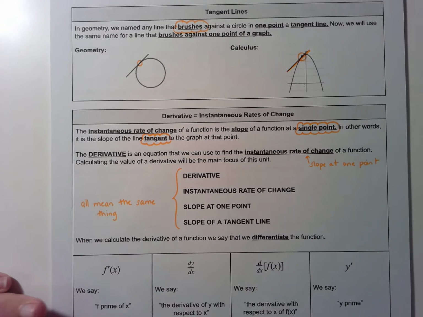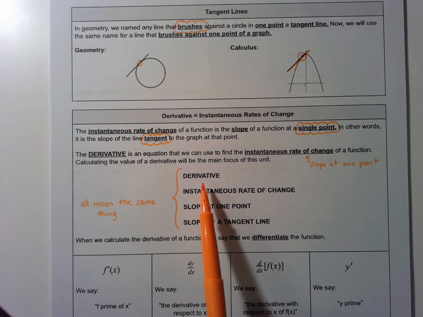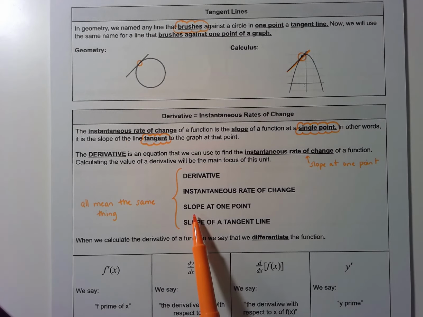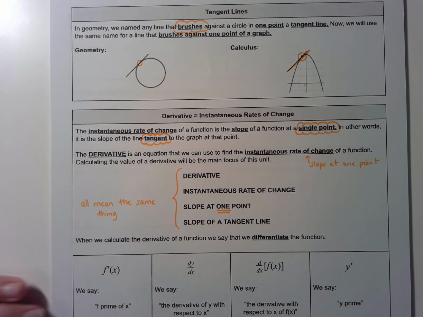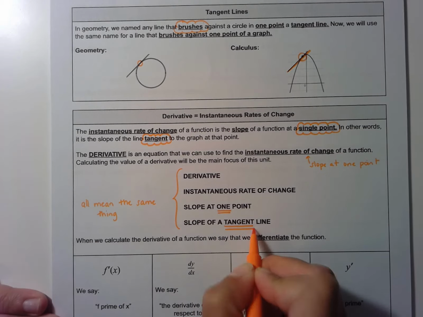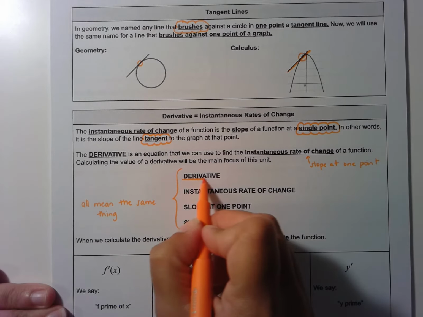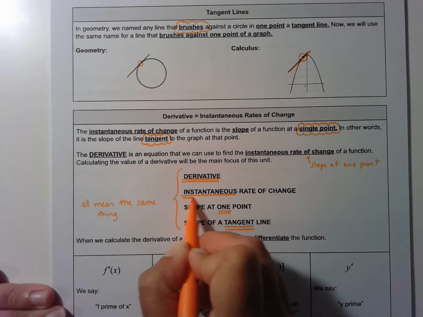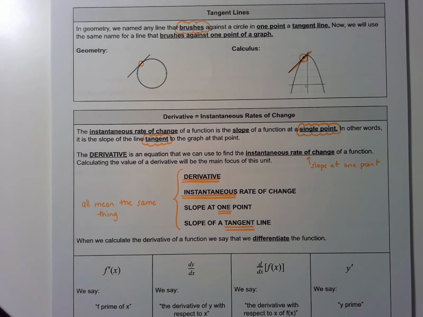And it's important to know that these all mean the same thing because in the directions or in the question, it could be said in any of these ways. If you're asked to find a derivative, that is the same thing as being asked to find the instantaneous rate of change, which is the same thing as being asked to find the slope of a function at 1 point, which is the same thing as it being asked to find the slope of a tangent line. So derivative, instantaneous rate of change, slope at 1 point, or slope of a tangent line all mean the same thing.